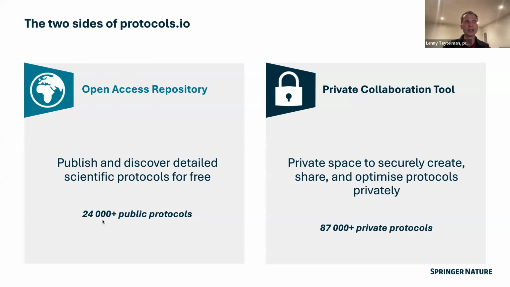Everything that you see public on Protocols.io, there is over 24,000 protocols, is free to read, free to publish. It is open access, CC BY, and all of that is free. And what we charge for is using Protocols.io in the private mode if you use it inside your team to collaborate. And so those are the two sides.